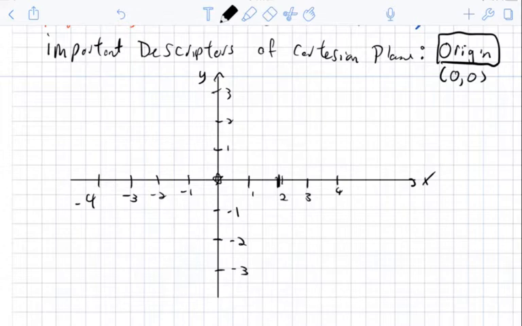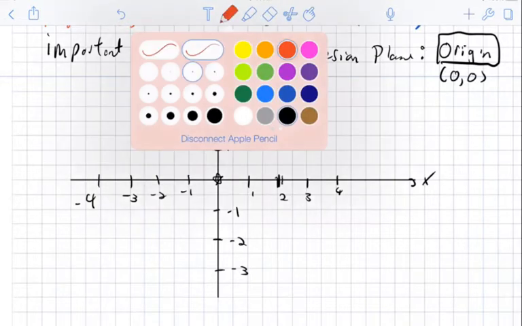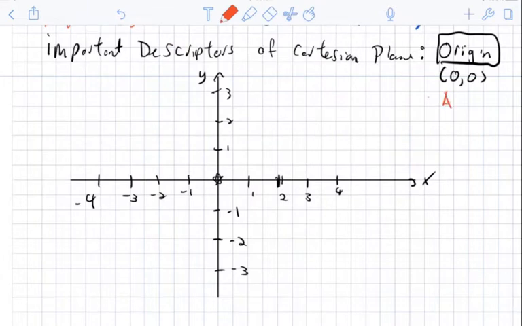There's something called the x-axis. You know what? I'm going to use different colors for each of these. There is something called the x-axis. Oh, geez, I can't write today. And the x-axis is the line y is equal to 0.